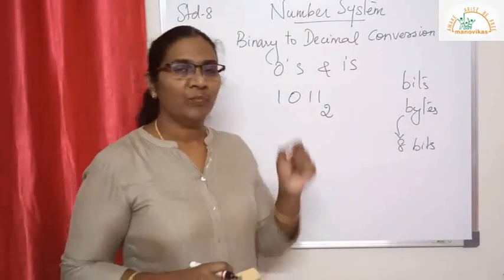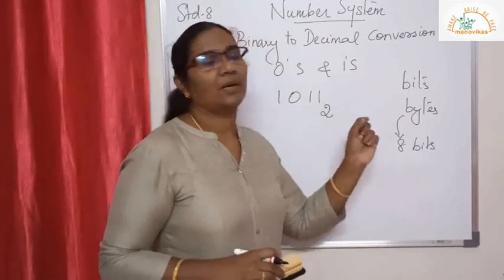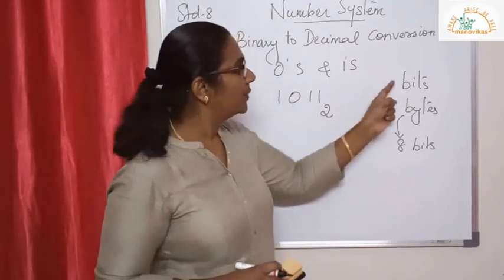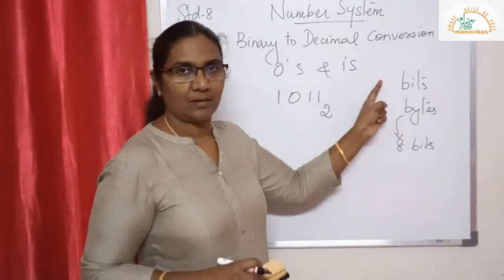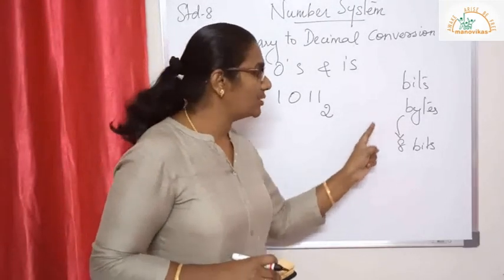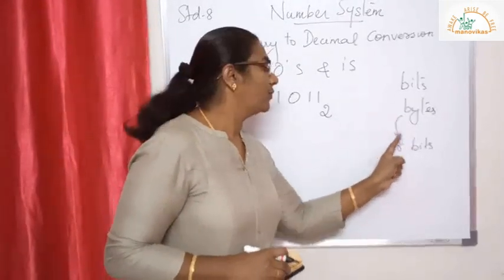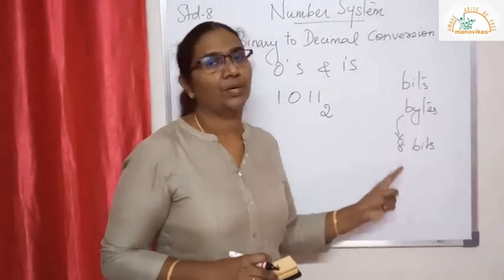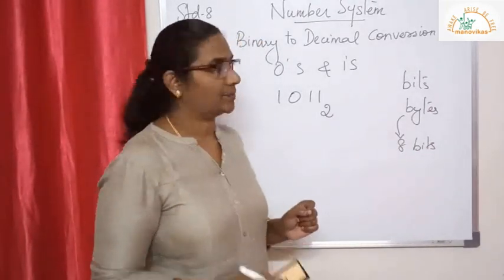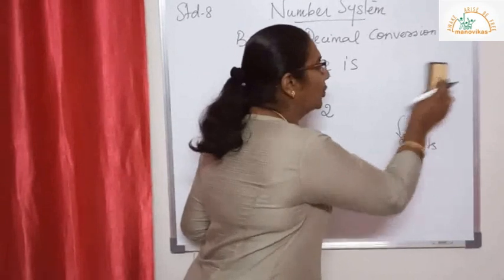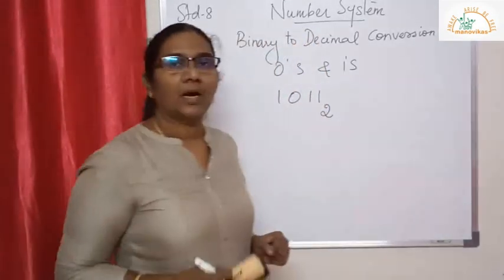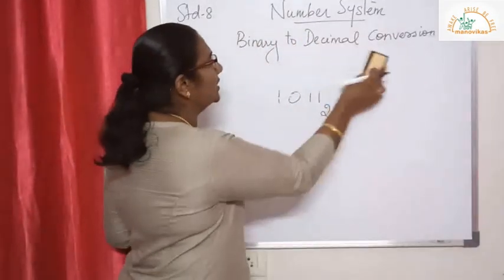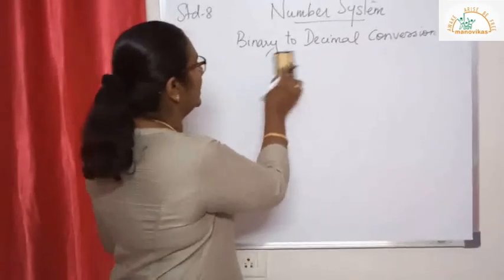Please do remember, if there is a question, what is a bit and what is a byte? A bit means a single binary digit and a byte means a group of 8 bits. Okay, now let's move into conversion: how to convert a binary number to a decimal number.